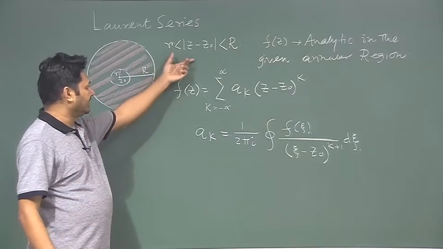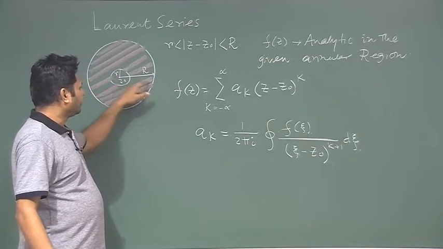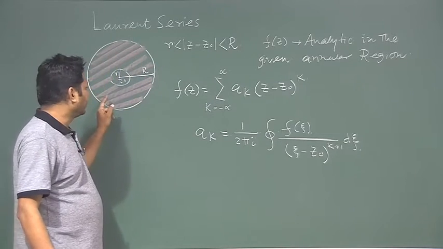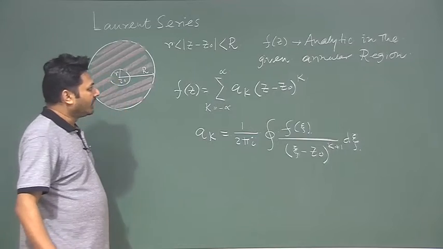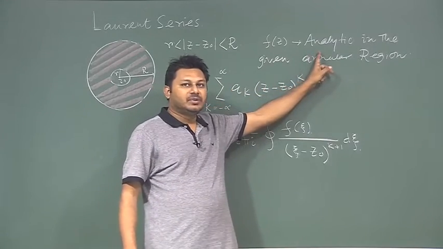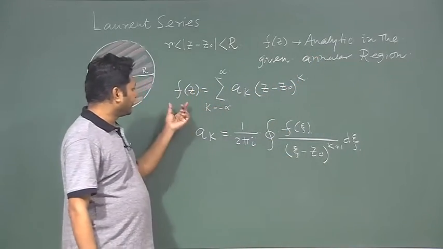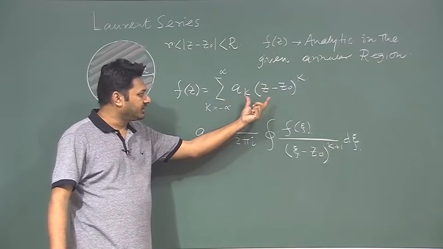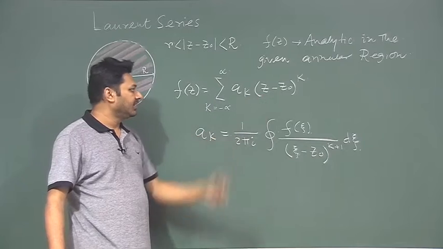So, the definition suggests that if the function is analytic in a bounded region like this, small r here and big R here, where |z - z0| is the annular region shaded by this red portion, then I can write this function as essentially a power series.